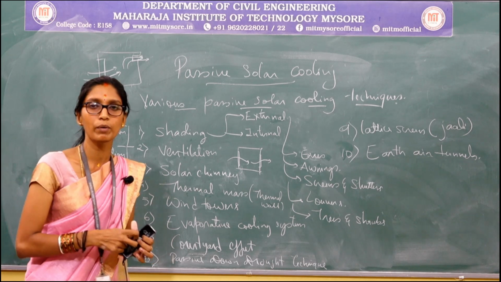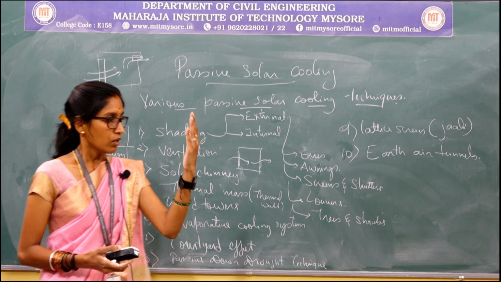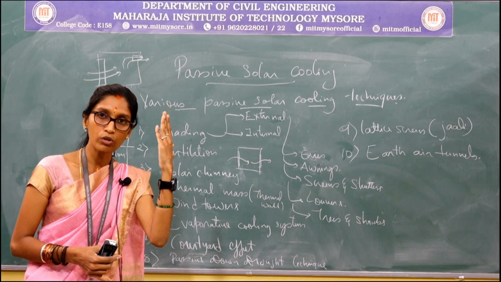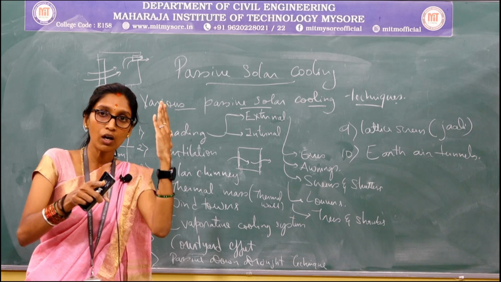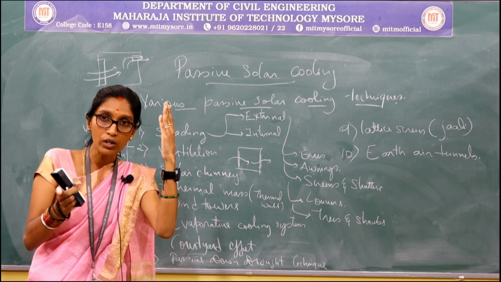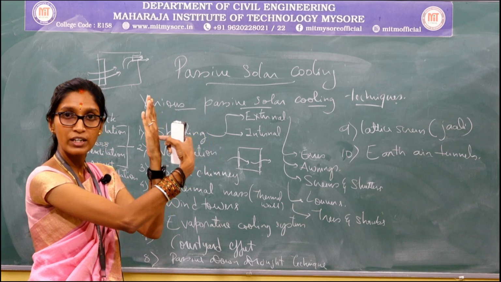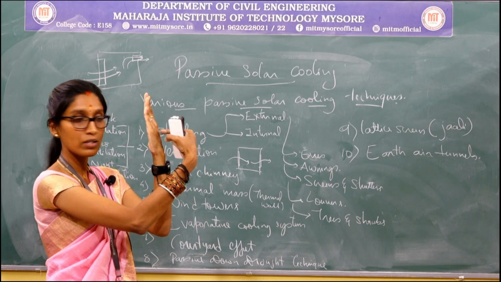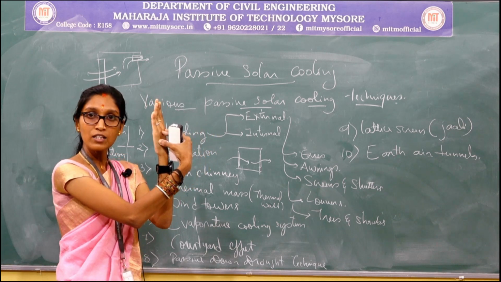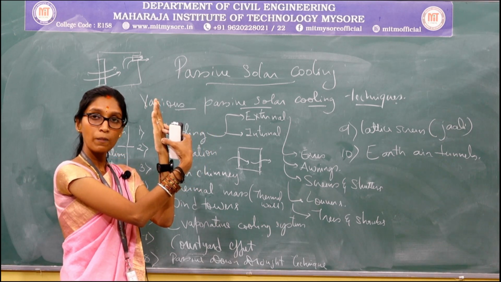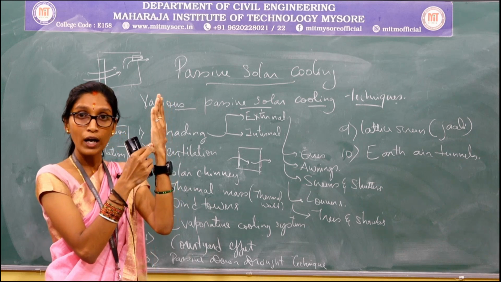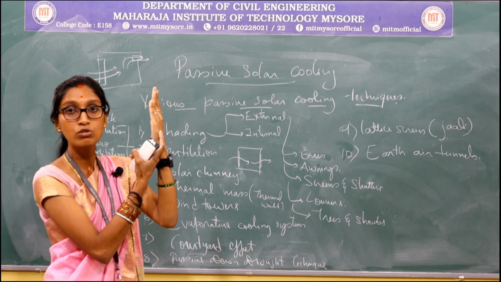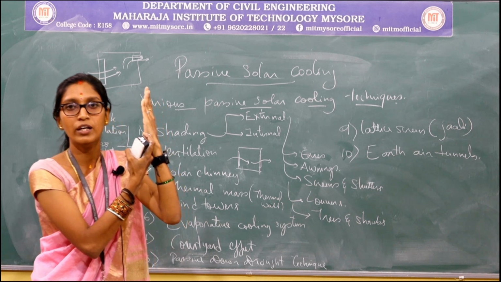How are they going to cool a building? If a wall is present, you know the phenomenon on which thermal walls work. Once heat falls over a thermal mass, the heat is absorbed by the thermal mass, stored, and directed to the interior walls through conduction.